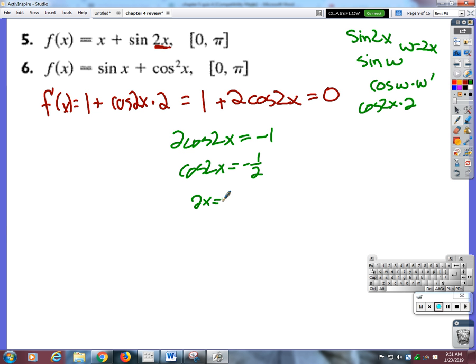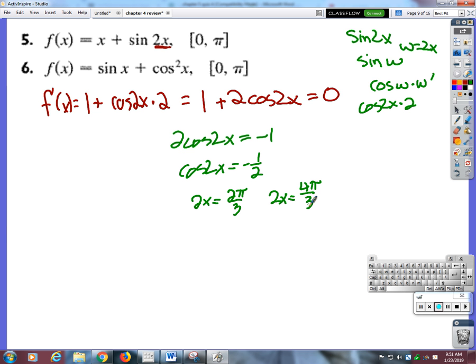But oh wait, what's that? 2 pi over 3. Is there another place? 4 pi over 3. That's it. Okay. Because why? Okay, but this one is actually going to end up working because we haven't solved for x yet.